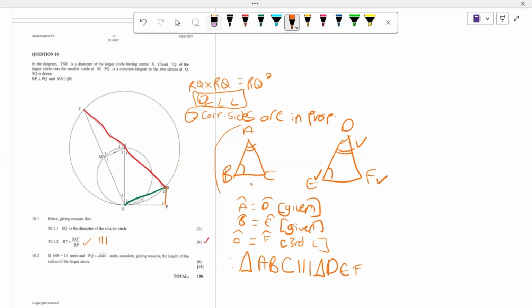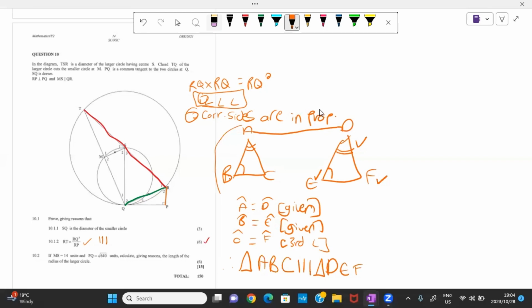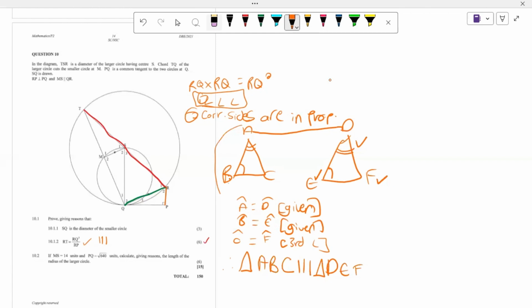Because A is equal to D, B is equal to E, and lastly, C is equal to F. I must write my angles according to their corresponding equals.